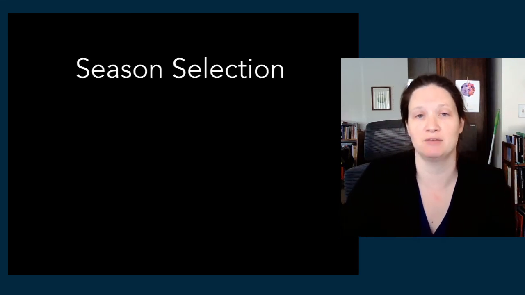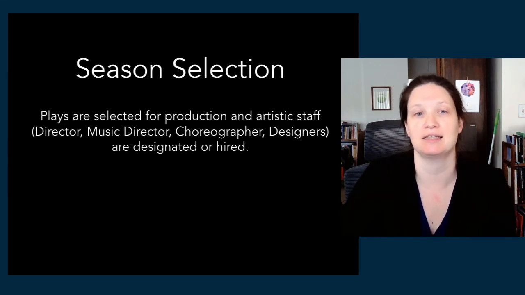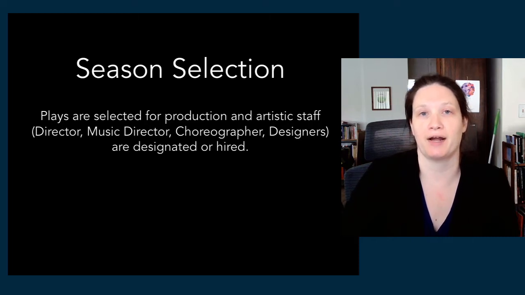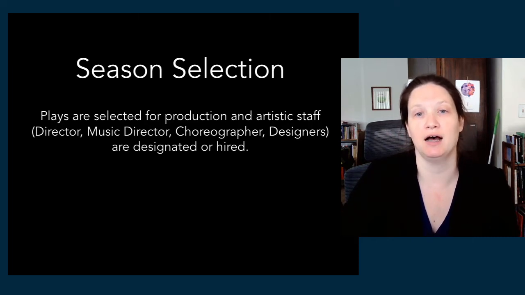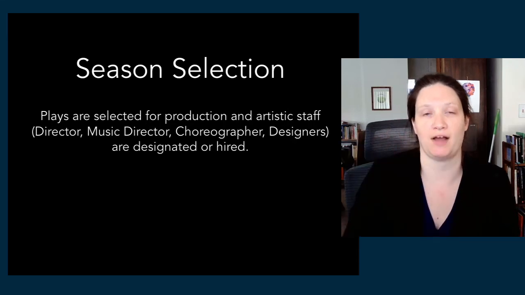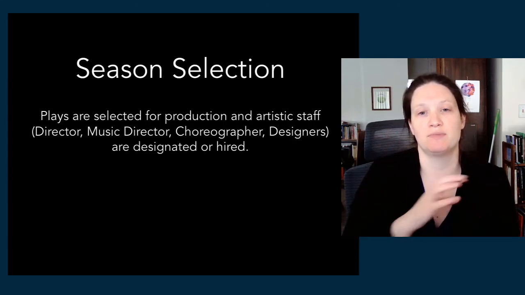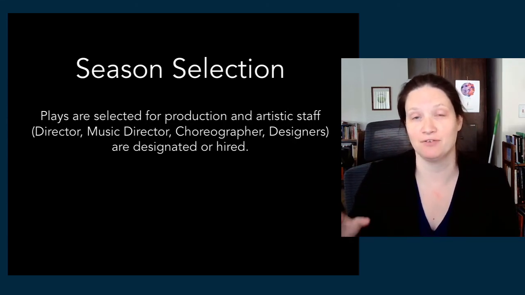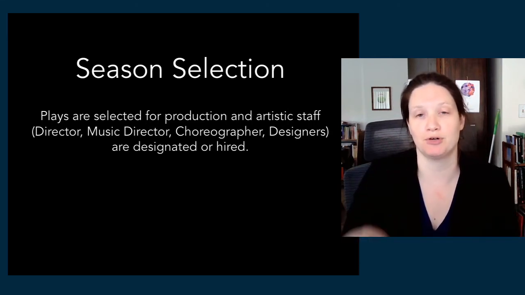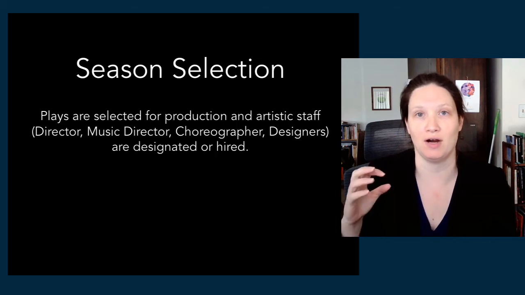The first element of pre-production is season selection, okay? So this is where our show is selected for production by the artistic director or a committee of the faculty, and then the specific artistic staff, right? So if you look back at that artistic team list, for this production are designated or hired, okay?